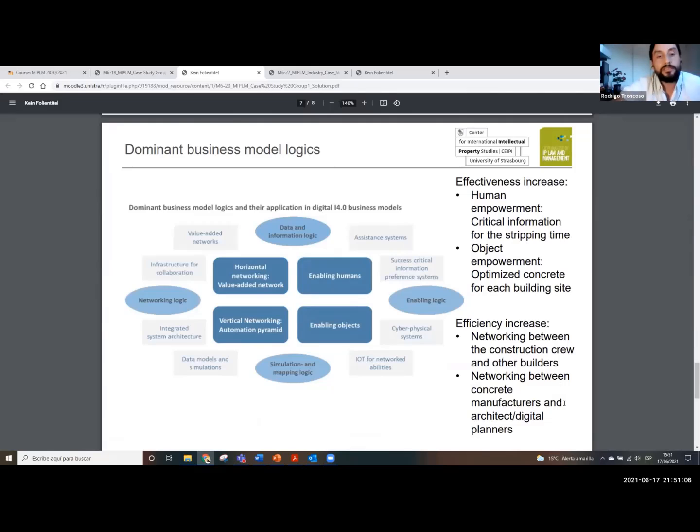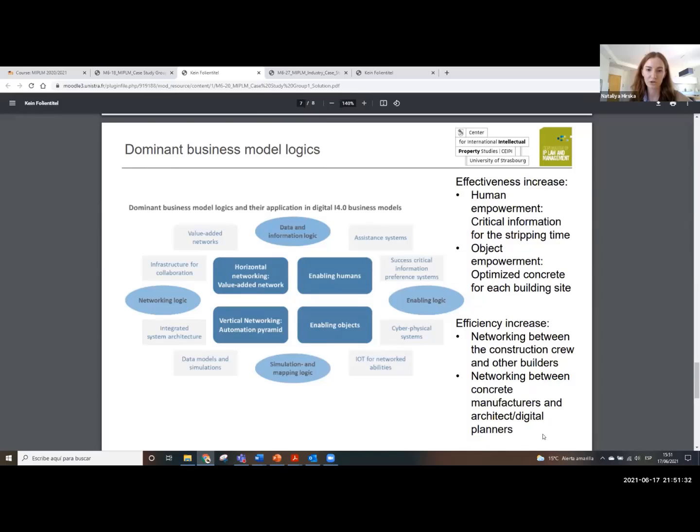Yes, thank you. So by using these dominant business model logics, we can see how the effectiveness and efficiency is increased by using Concremote. First of all, on the effectiveness side, we can see that some critical information is provided to make the stripping time the most exact and suitable.